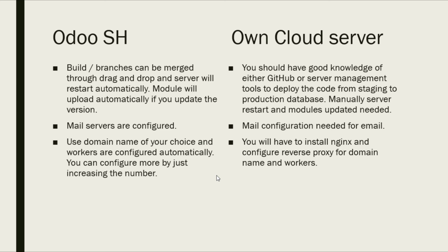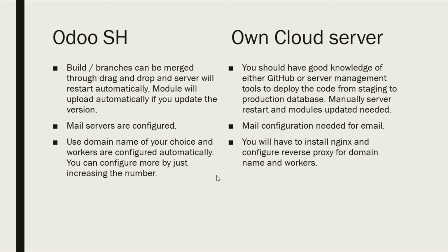Another good thing in Odoo SH is that you can use a domain name of your choice, and workers can easily be configured. If you want to configure more workers, you can just increase the number of workers, and the rest of the configuration will be done automatically.